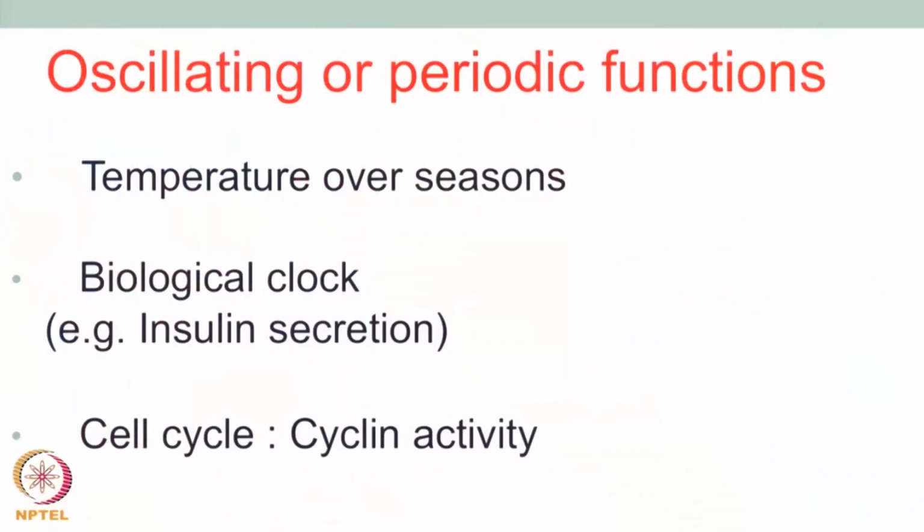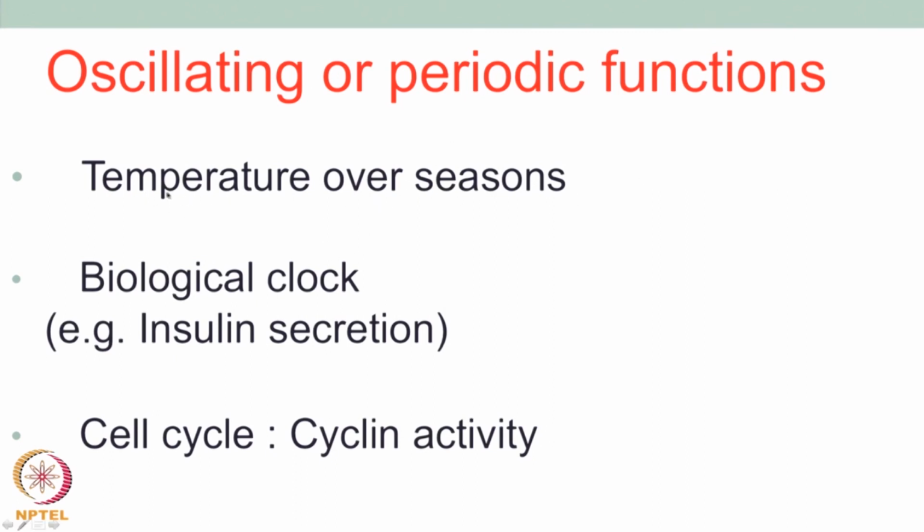Now we will go to another kind of function that would be oscillating. So we had e power x increasing, e power minus x decreasing. What are the examples of functions that are oscillating? There are many phenomena that are oscillating. For example, think of temperature over seasons.